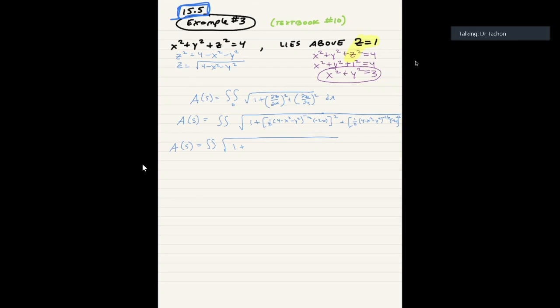The 2's cancel, so you're going to have x squared over, and then you're squaring the radical in the denominator, 4 minus x squared minus y squared. All right, we okay on time? Here you're going to have y squared over that same denominator.